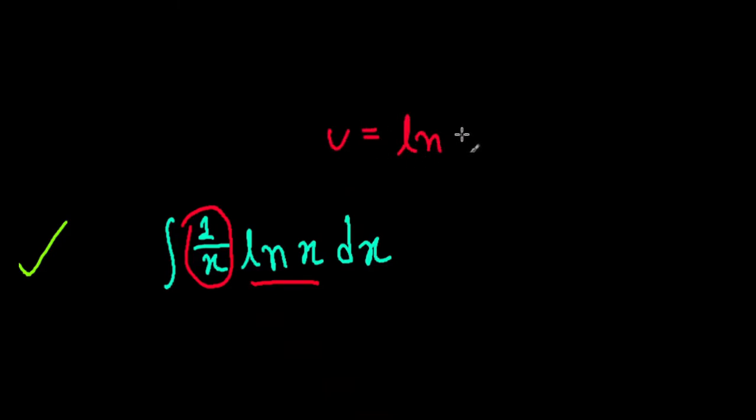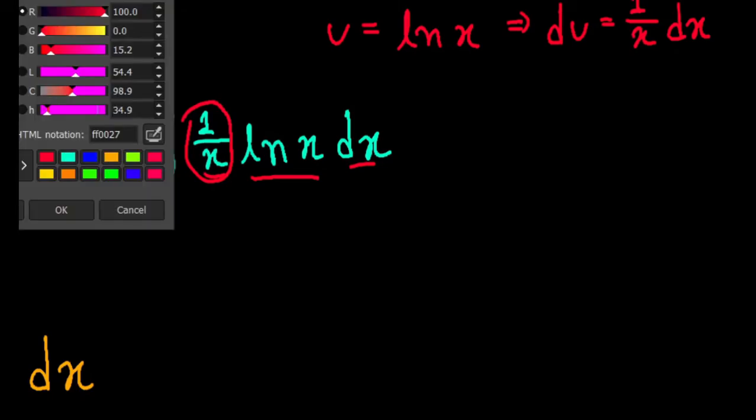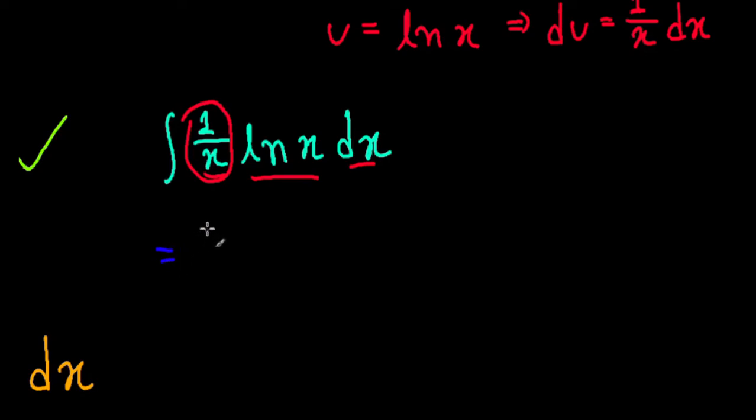So if we substitute u equals natural log of x, du is gonna be equal to what? 1 over x dx. So 1 over x dx, we have that here, right? 1 over x, and that's also multiplied by dx right here. So that's basically du.